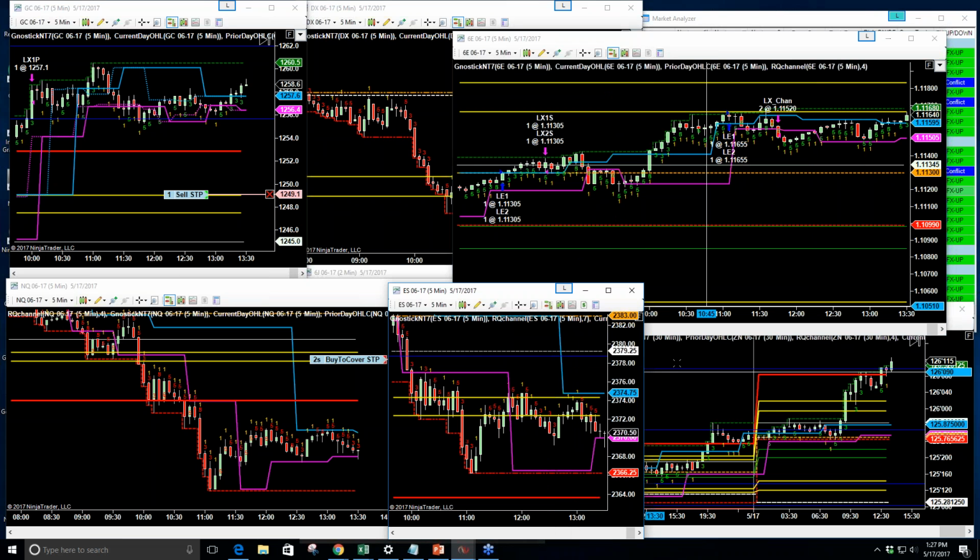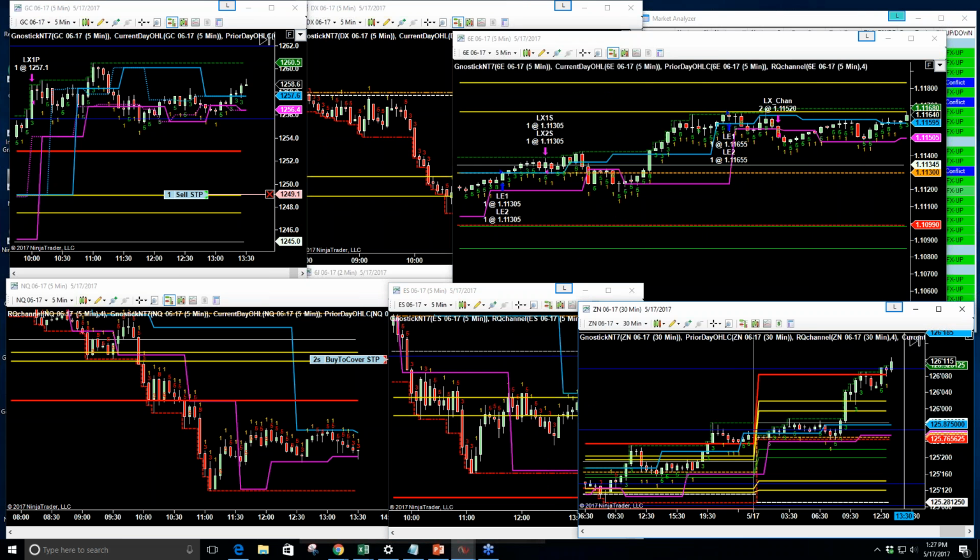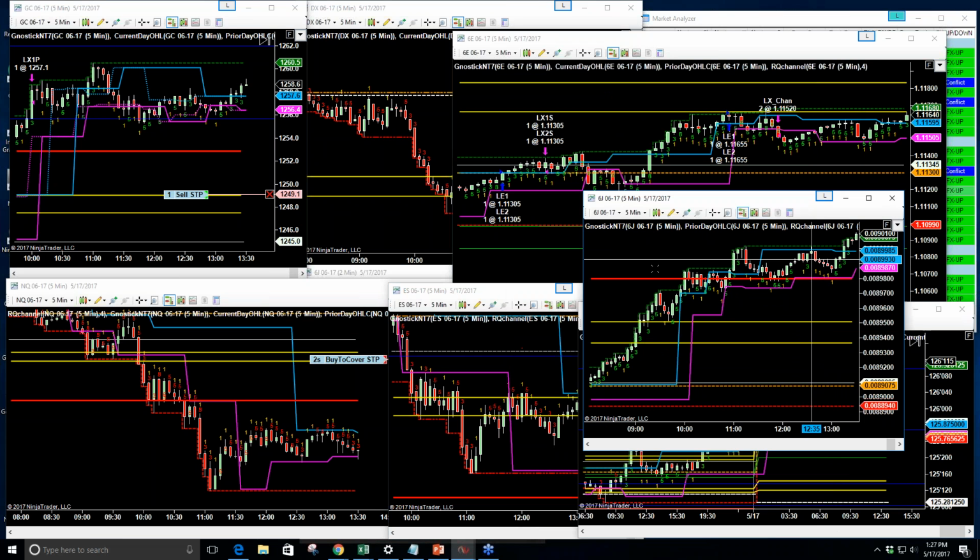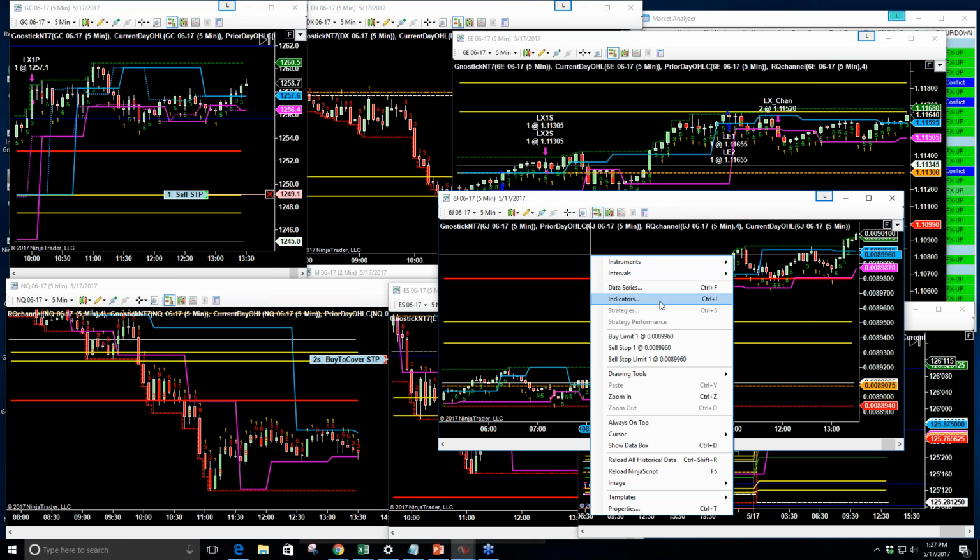The yen, where is the yen? Here's the yen. The yen is set at 3, so it'll get you out quicker. Let me change this to 3 so you can see what it looks like.